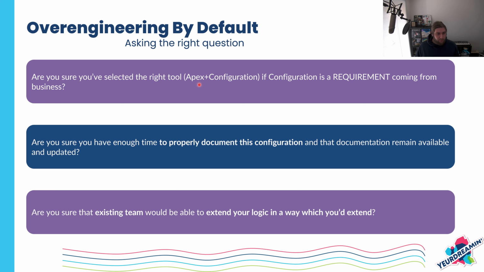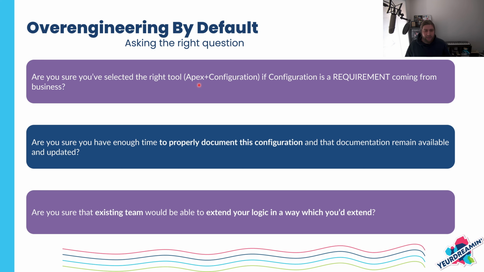And are you sure that everybody from your team would use exactly the same logic as you to extend? Like if, for instance, they would need to add an extra variable and you chose custom labels, are you sure that all of them would be using custom labels? Are you sure that all of them would be using custom settings if you're using custom settings for whatever reason?